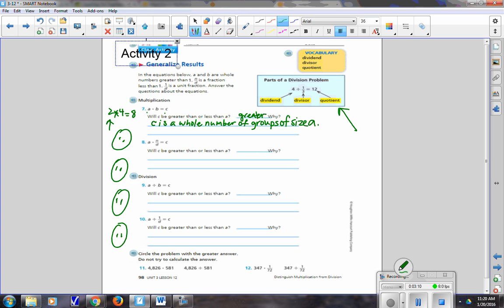Let's even say that your A is 4. 4 times 4. You have 4 groups, and there are 4 in each group. Isn't that more than 4? There are 4 items in each group, 4 groups. Isn't your answer, C, going to be greater than how many items you had? Okay.